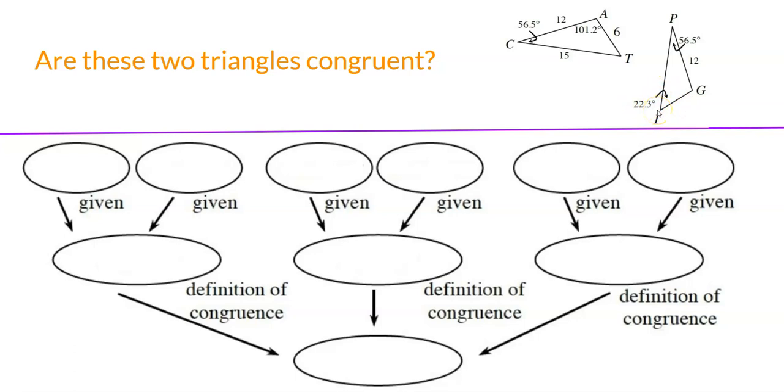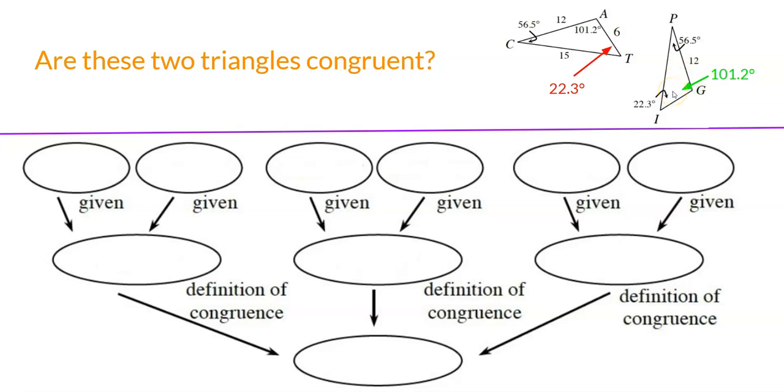So I'm going to find the other angle for this part. If I add the 56.5 and 22.3 and subtract from 180, I get 101.2 on this angle right here, which matches the other triangle.